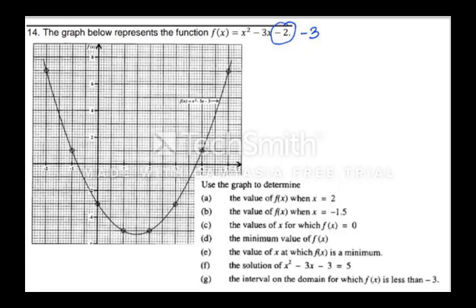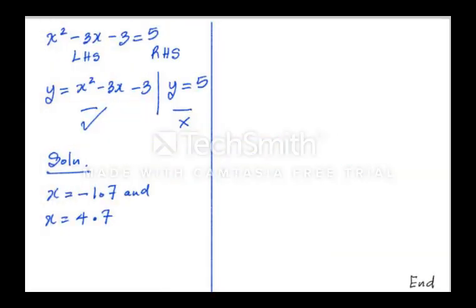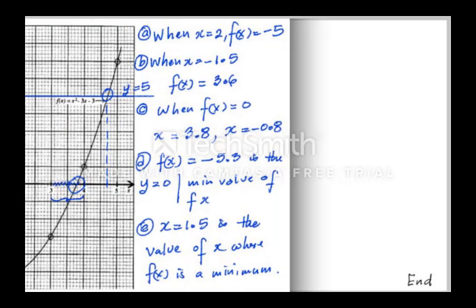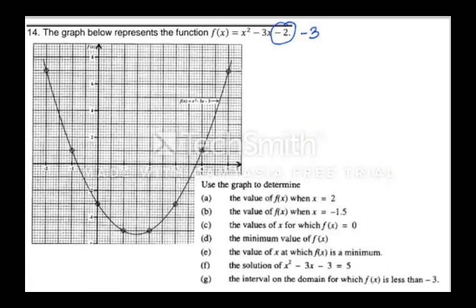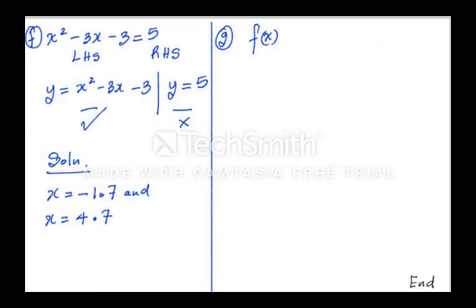So this is g, this is f, and now we're at g. So f of x is less than -3. But f of x is actually what? x squared minus 3x minus 3 is less than -3.